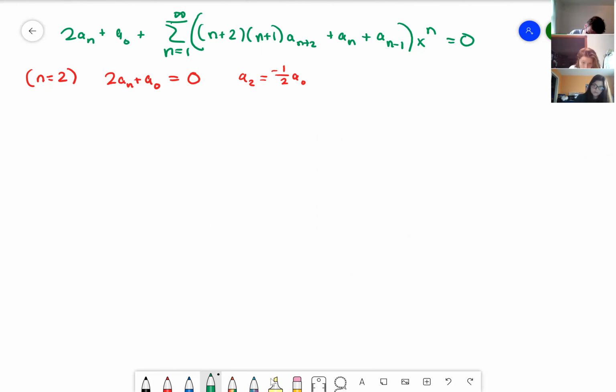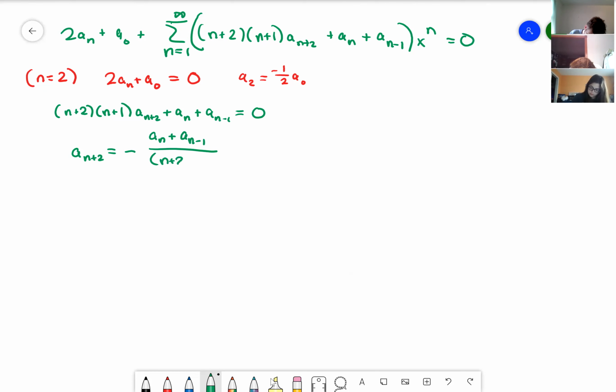Now the general recurrence relation is n plus 2 times n plus 1, a n plus 2, plus a n plus a n minus 1 equals 0, or a n plus 2 equals negative a n plus a n minus 1 over n plus 2, n plus 1.